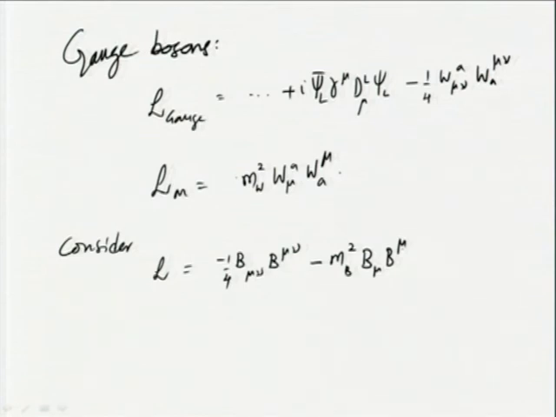What is the equation of motion? This part is purely a derivative term. The first term has only derivative terms. So, that will give you dou L over dou B mu is equal to, because of the symmetry, minus 2 M_B square B mu.